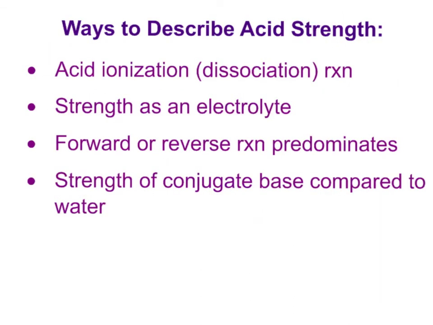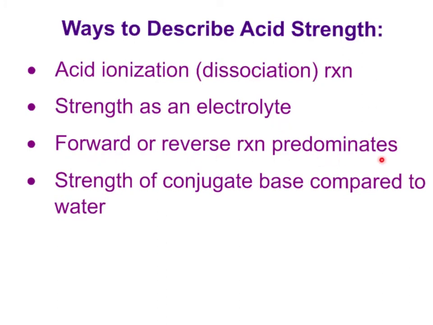So let's review what we've talked about so far, different ways that we can describe acid and base strength. We can look at the acid ionization reaction, the dissociation of it: how much is that acid able to dissociate? Is it completely ionizing or not? Very much related to that would be the strength of that acid as an electrolyte, because obviously if it's dissociating to a high degree, it's also a strong electrolyte.